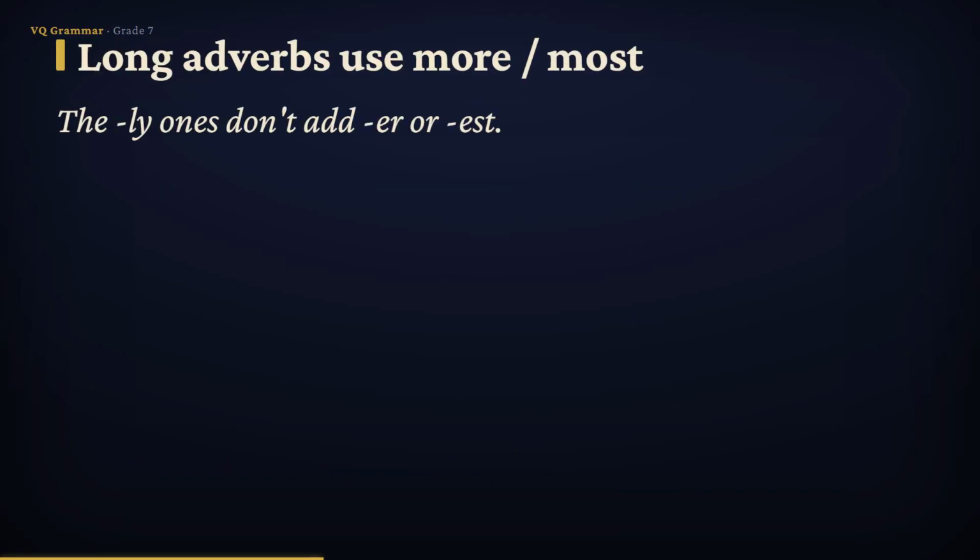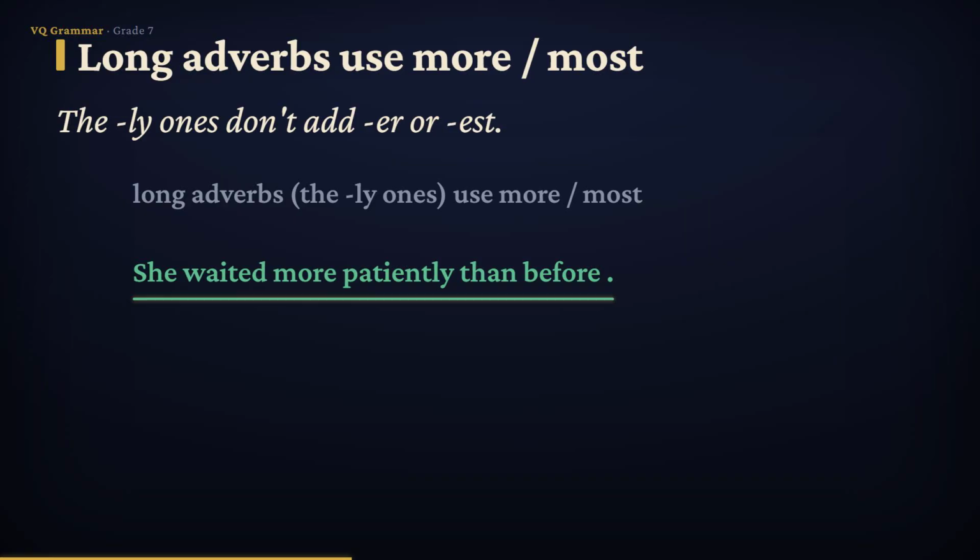Not every adverb is short though. The longer ones, and that usually means the ly adverbs, don't add er or est. Instead, they use the helper words more and most. Watch. She waited more patiently than before. Two moments of waiting are compared, so we say more patiently, never patientlier.